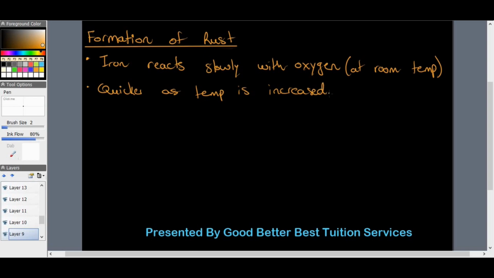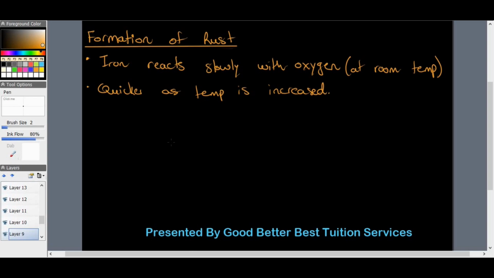So, iron reacts slowly with oxygen in the air, and it also reacts with water, because there's oxygen present in water too. It forms a complex compound, part of which is iron oxide.